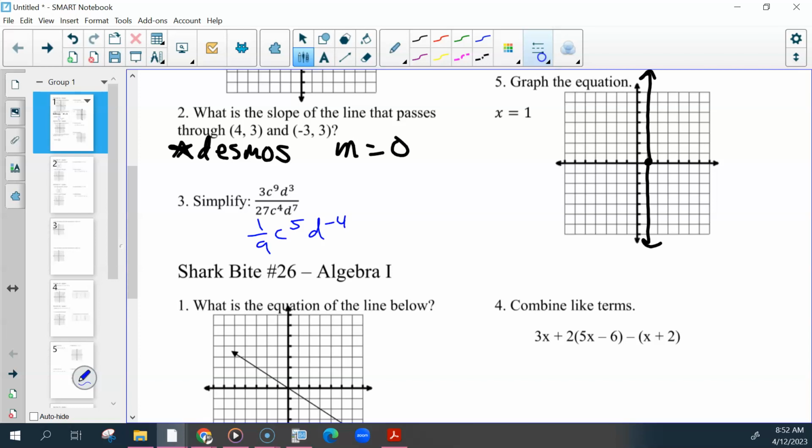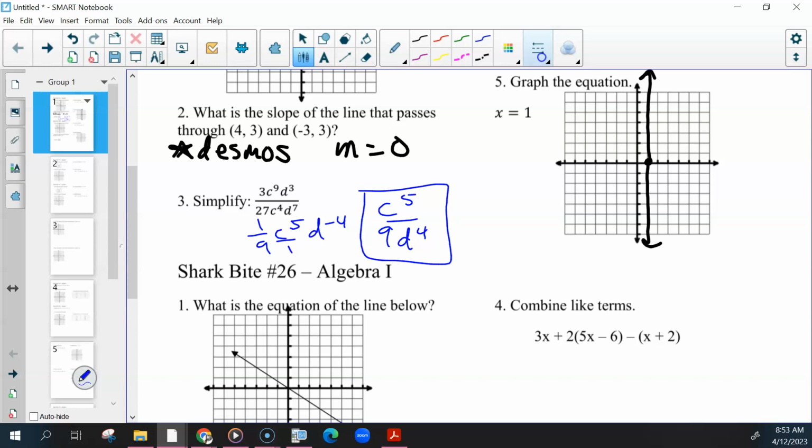We can't have negative exponents in our final answer. C to the 5th would stay in the numerator because it's really over 1. D to the 4th would get brought down and become positive. So c to the 5th all over 9d to the 4th would be that final answer for 3.